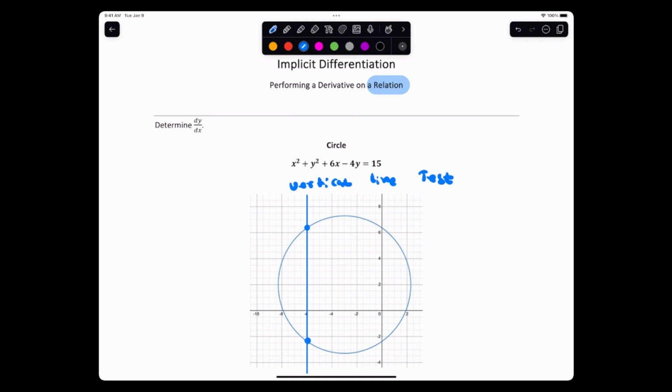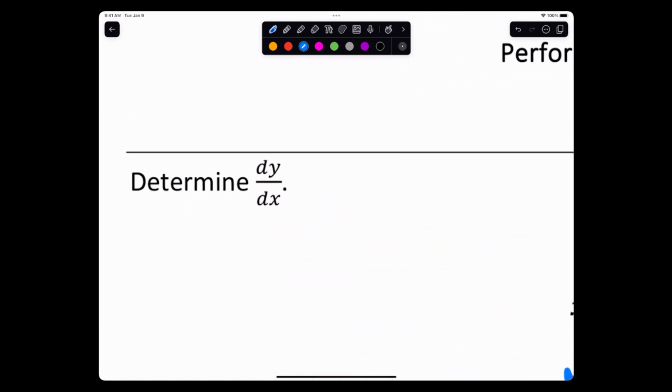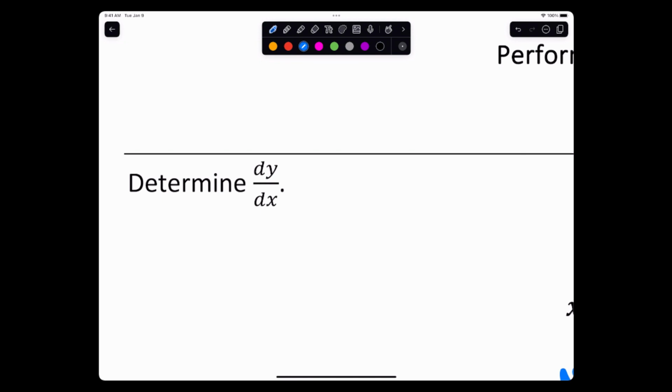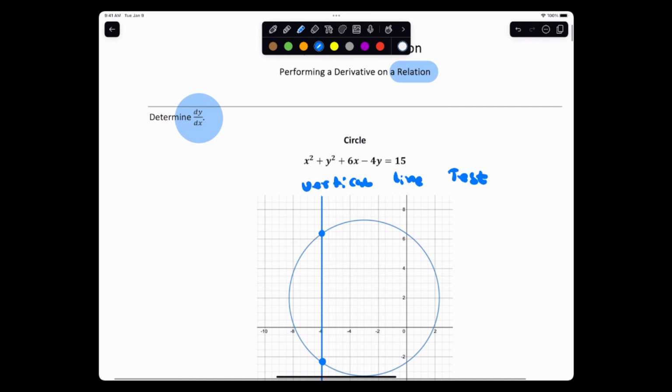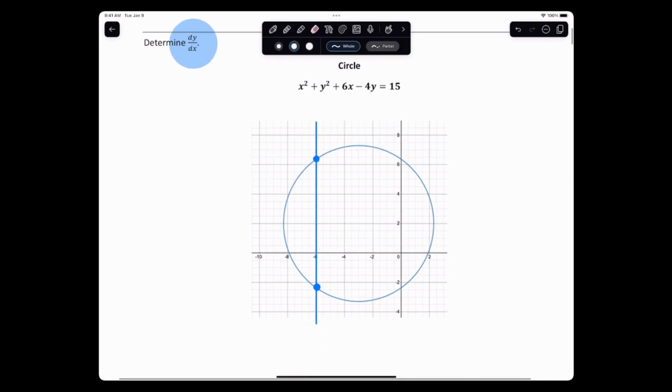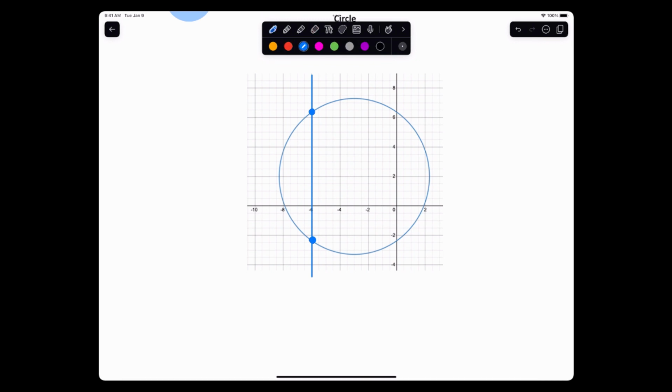Now, if you said to me, can we still find a derivative, dy dx? The answer is a big yes. However, we have to follow a process. It's a two-step process. You're going to differentiate both sides with respect to x. So you say, well, what does that look like?